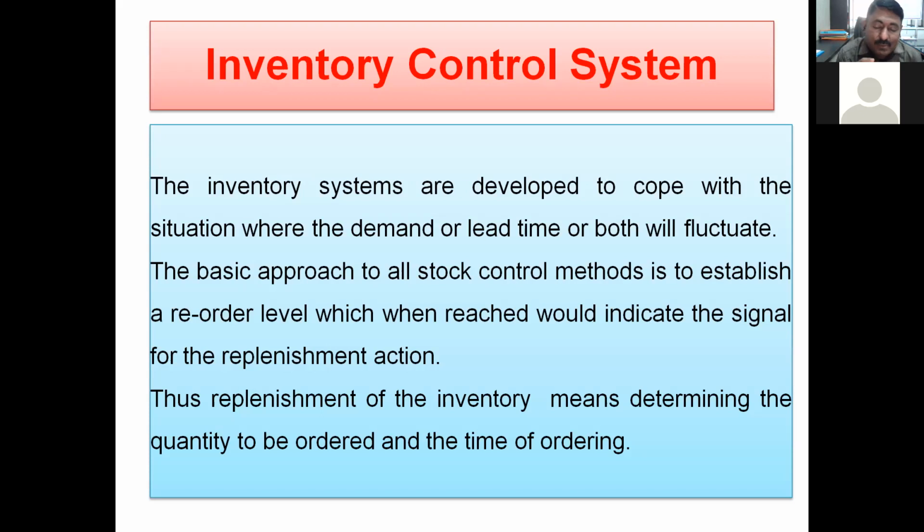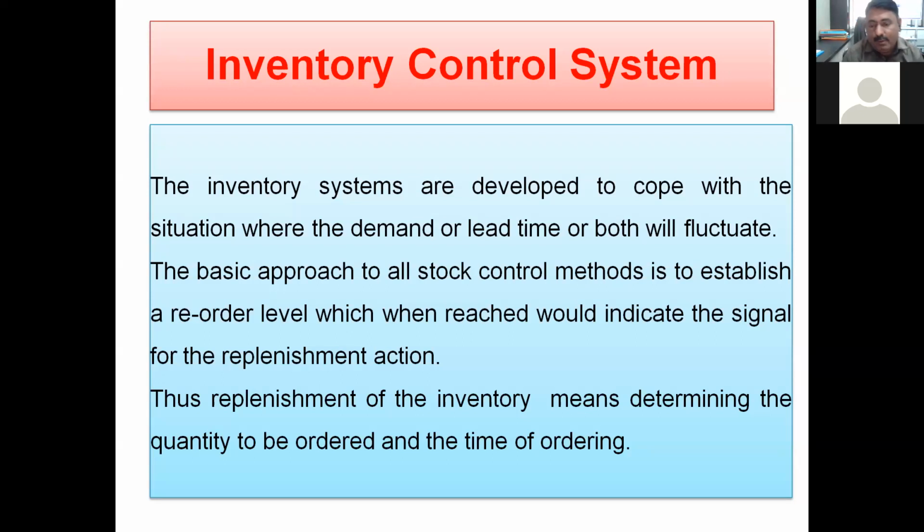As per market forecast, January 300, February 300 is the estimation, but the demand in January may suddenly rise to 400. The plant has the capacity to fulfill a demand of 400, but we should have the raw material or required purchased items ready in stock so that we can cope with the demand. So to cope with the situation when demand and lead time fluctuate, the inventory systems play a significant role.